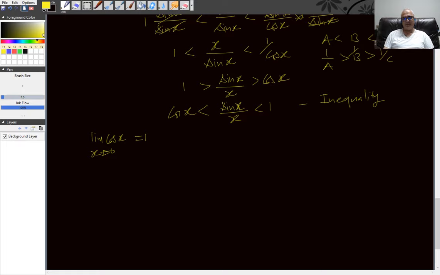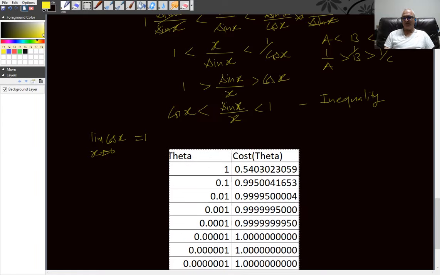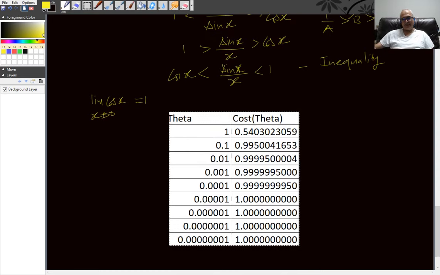And if you don't believe the limit, I ran the calculation, and you see that as the value of theta goes towards 0, the value of cos goes towards 1.